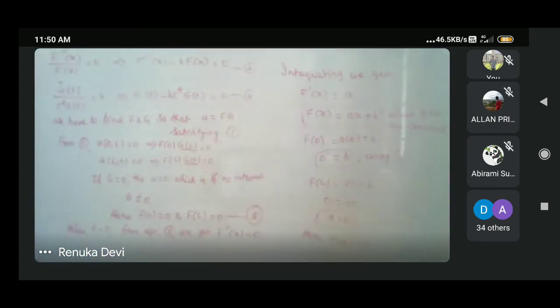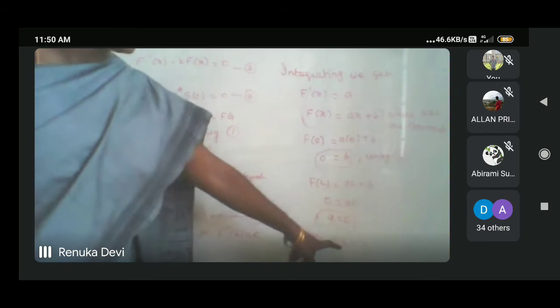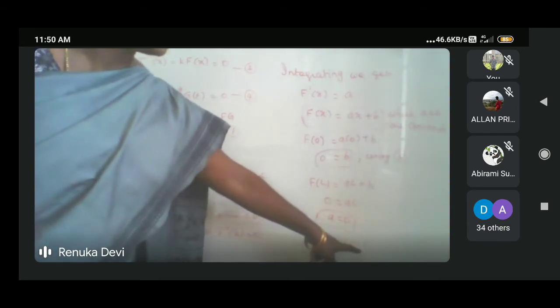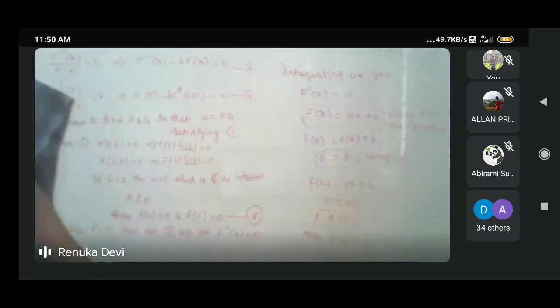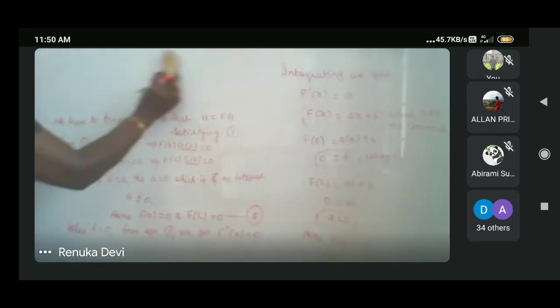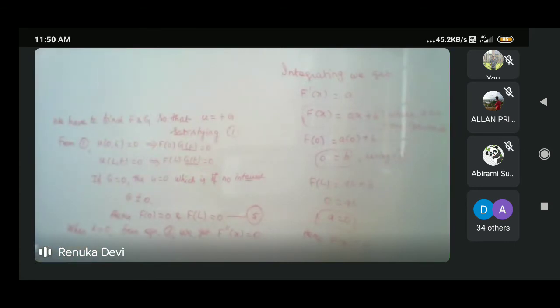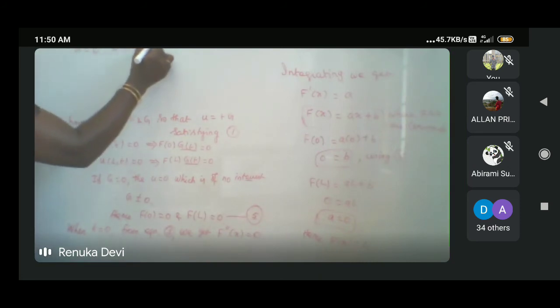This is true for every x. f of x equal to 0 for every x. Therefore, u equal to 0, which is also not of interest. Therefore, k cannot be 0. That is our finding.